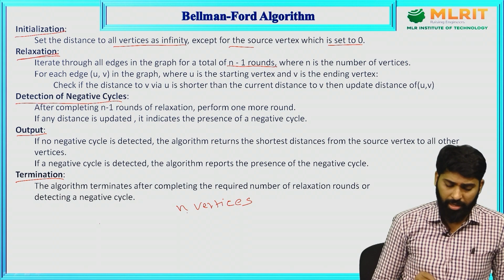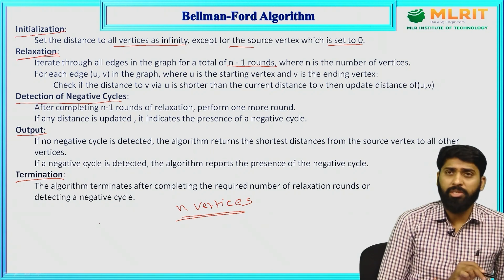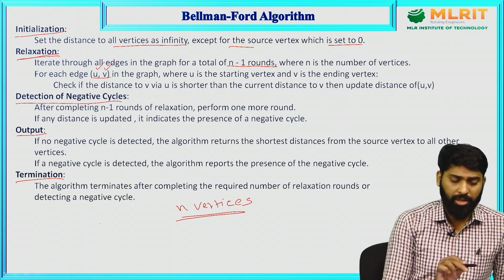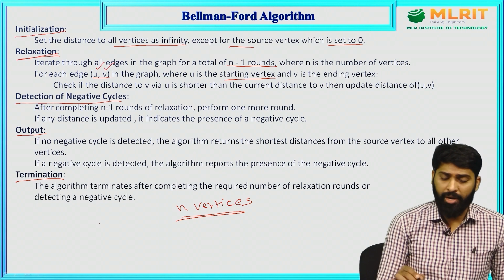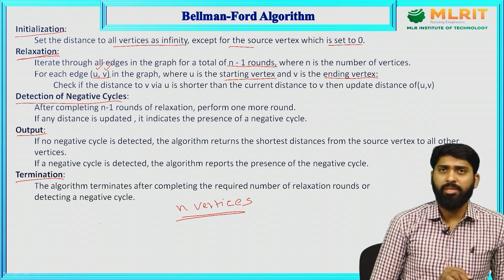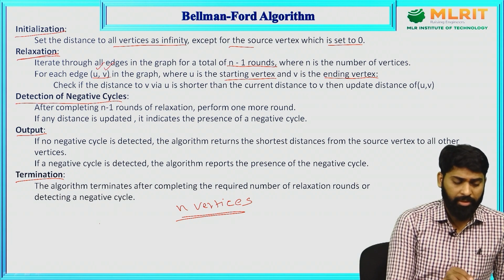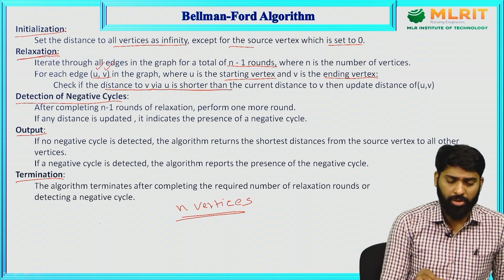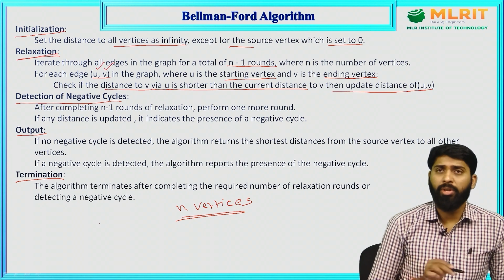So, what is n here? n is the number of vertices. For each edge u comma v, what is u comma v? u is the source, the starting vertex, and v is the ending vertex, the destination. Here we check the condition: if distance to v via u is shorter than the current distance to v, then update the distance of v.